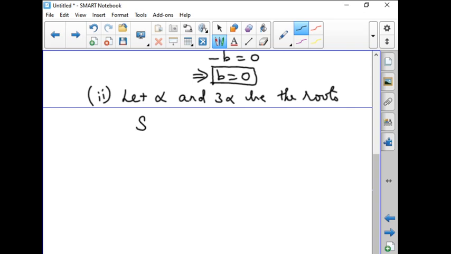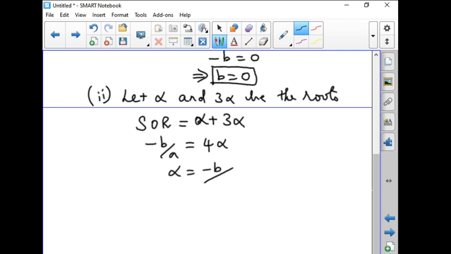Sum of the roots, I will write SOR, is equal to alpha plus 3 alpha. What is the sum of the roots from the given equation? Minus b by a is equal to 4 alpha. So alpha is minus b by 4a.